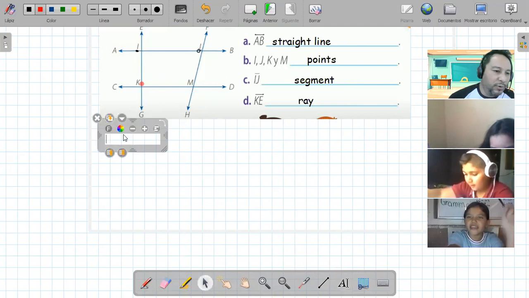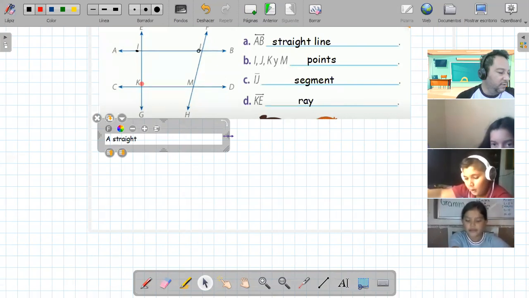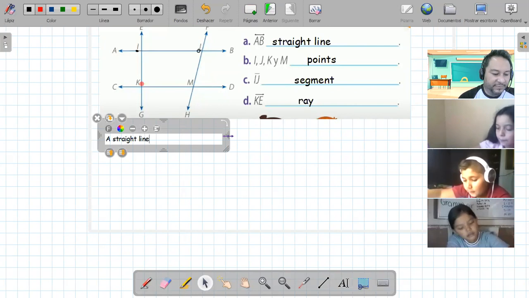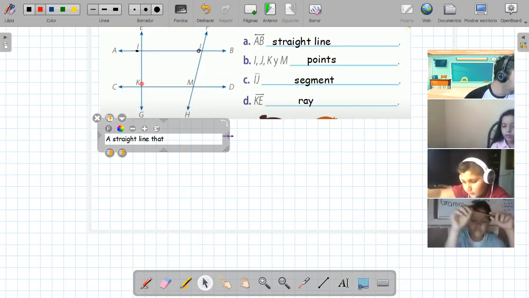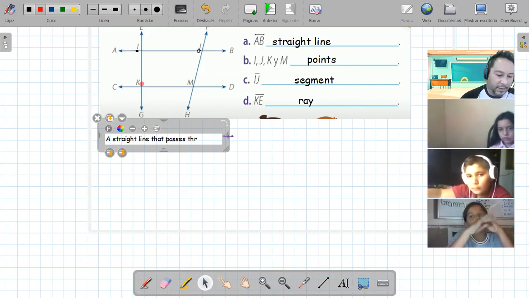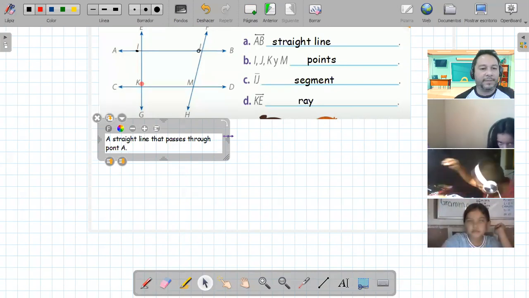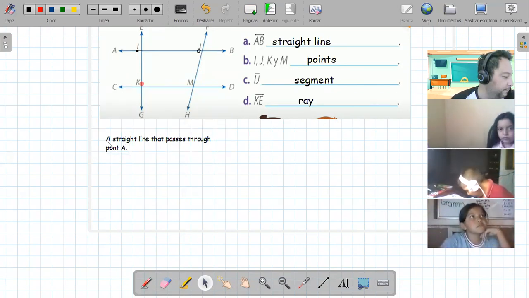I'm going to write the instruction here. A straight line that passes through point A. I'm going to teach you how to analyze. Okay, passes through point A. First of all, what do I have to do?